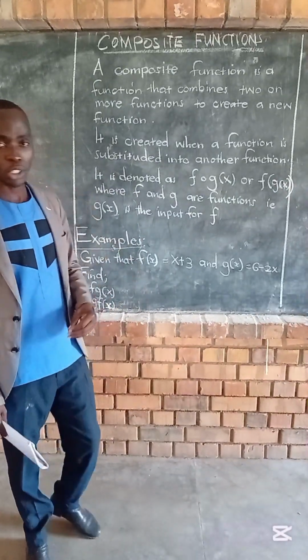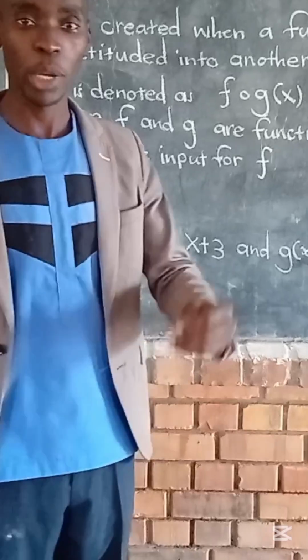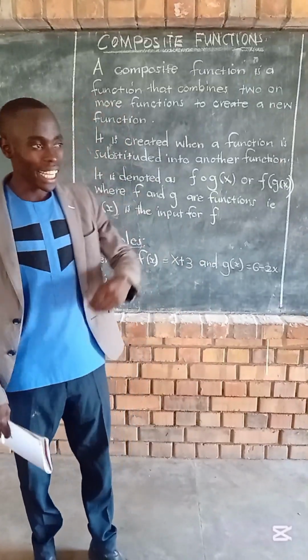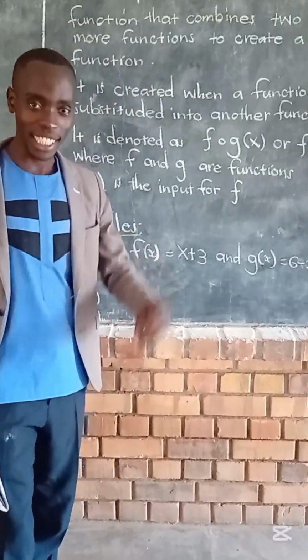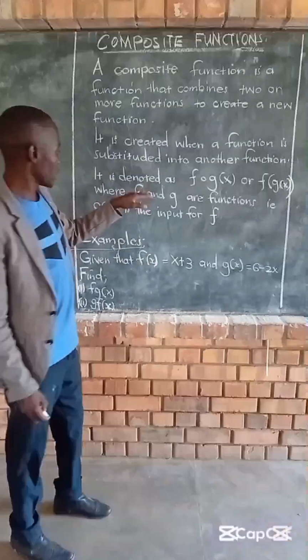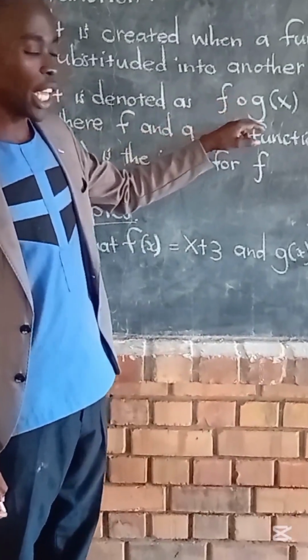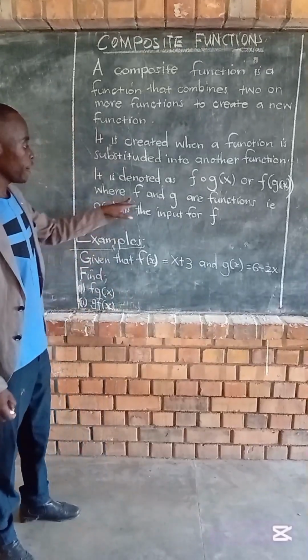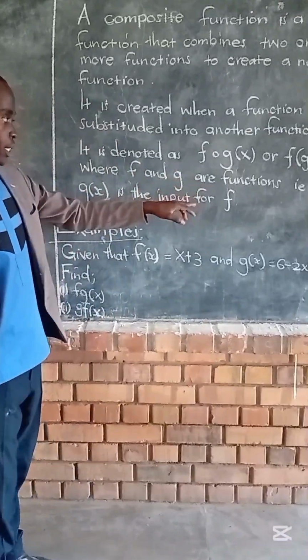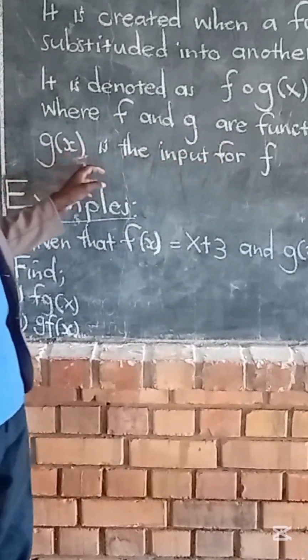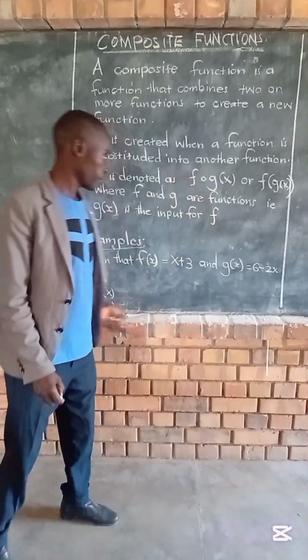You get a function, you substitute it into another function. It's like plugging a machine into another machine. It is denoted as f of g of x, where f and g are functions, and g of x is the input of f.